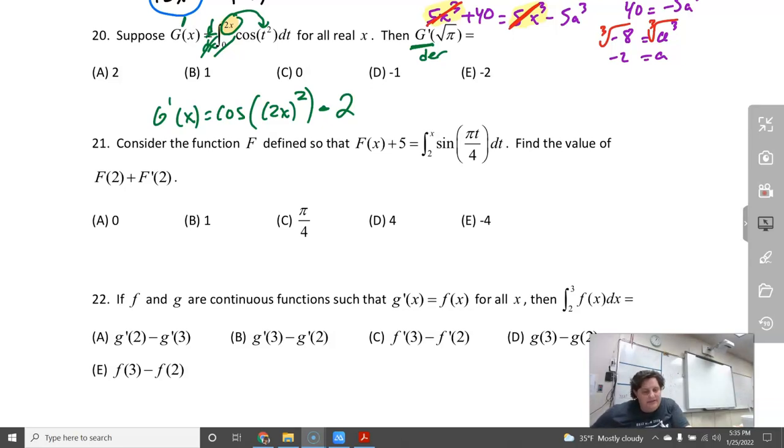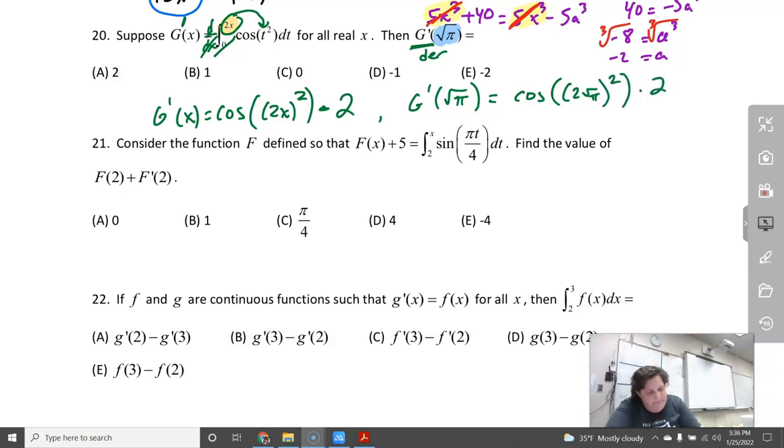Now this is actually asking me to find something, though. It's asking me to find the derivative at the square root of pi. So g prime of square root pi is the cosine of 2 square root of pi squared times 2.